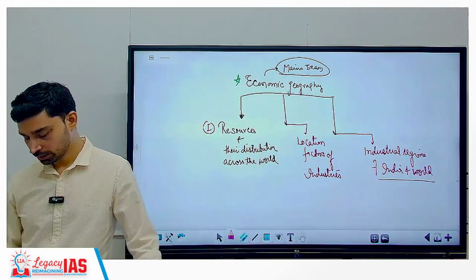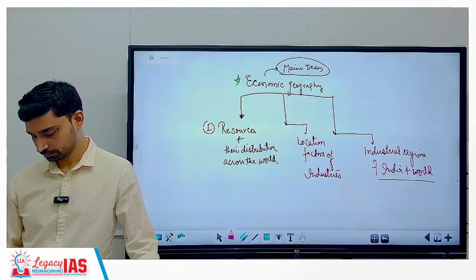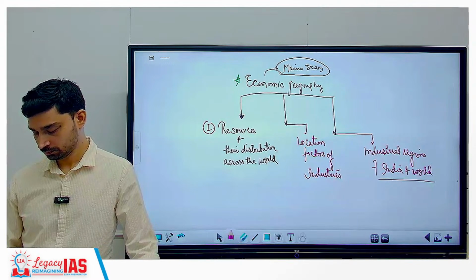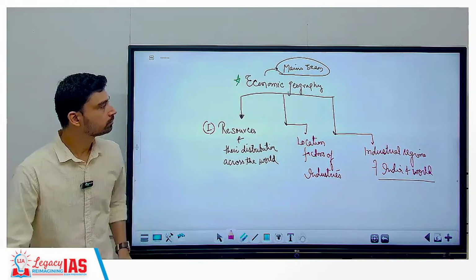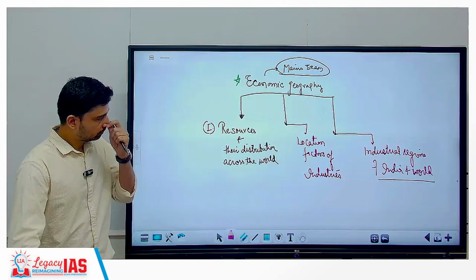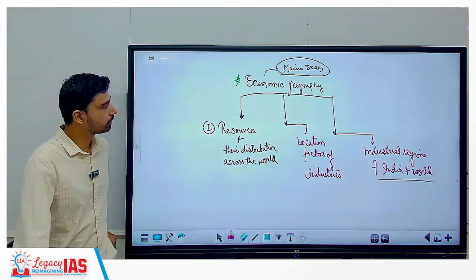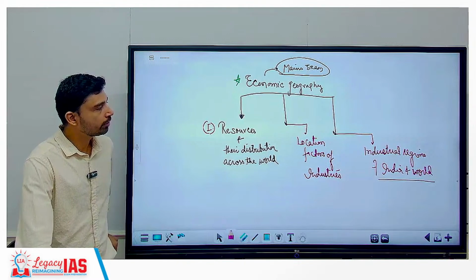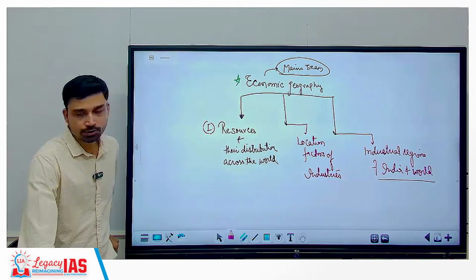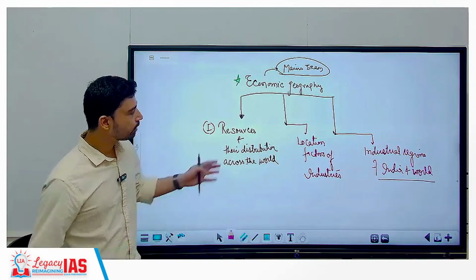So total 3 chapters we can identify: resources and their distribution across the world, location factors of industries, and industrial regions of both India as well as the world. This is simple to understand.